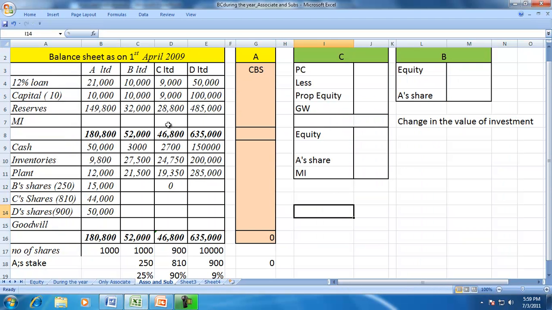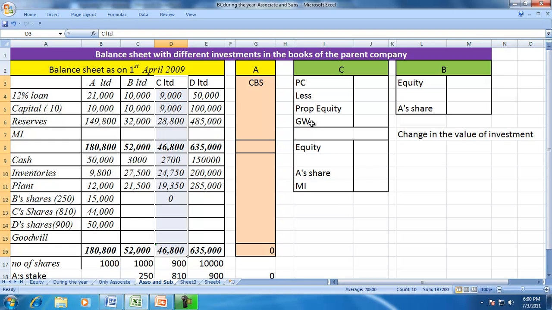So when C is the subsidiary, since A has at least one subsidiary, it is required to prepare a consolidated balance sheet, and the consolidated balance sheet requires information about the goodwill and the minority interest. Let us calculate the goodwill and minority interest. The purchase consideration is already given, 44,000.